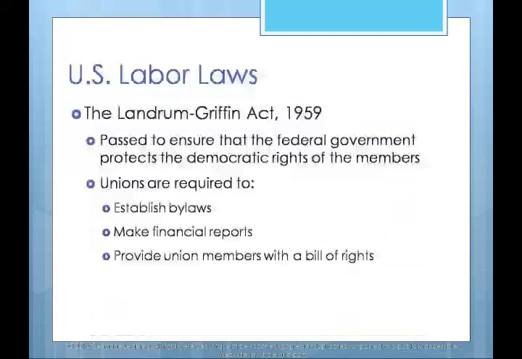Now, the Landrum-Griffin Act we've talked about, but it basically passed so that the federal government protects the democratic rights of the members. So unions are required to establish bylaws, make financial reports, and provide union members with a Bill of Rights. This allows you to go out and see how much union members make.